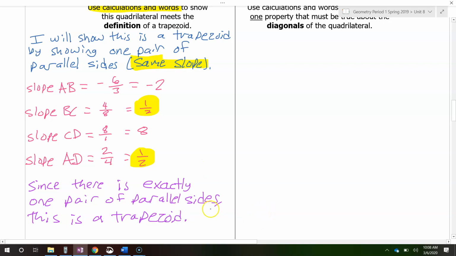All right, so that is how you go about proving that these shapes are a trapezoid or a rhombus or whatever it is.